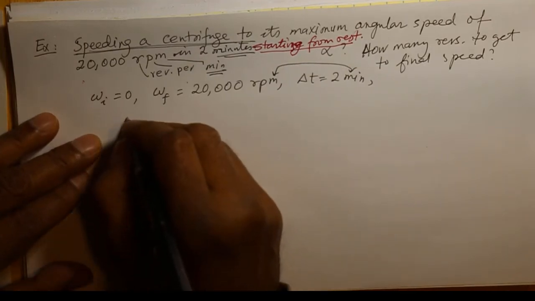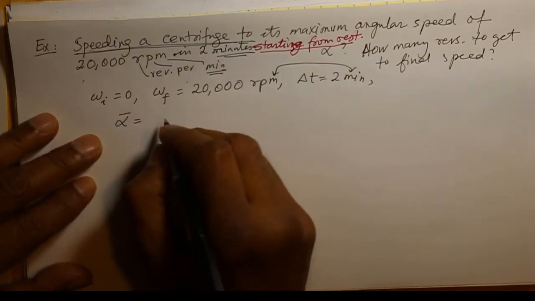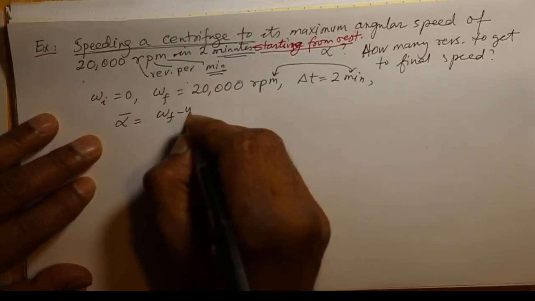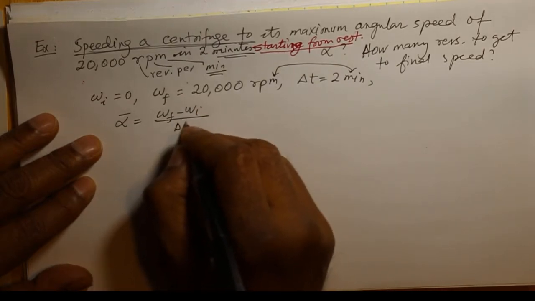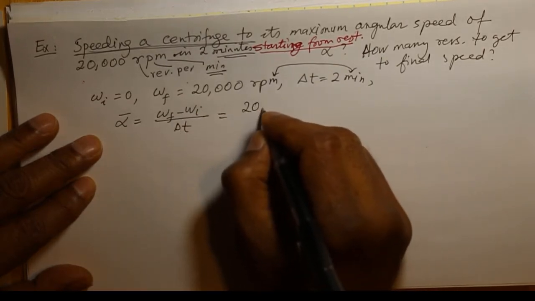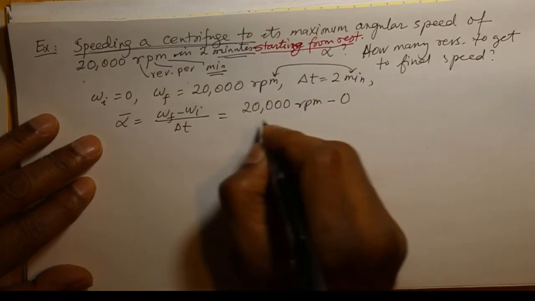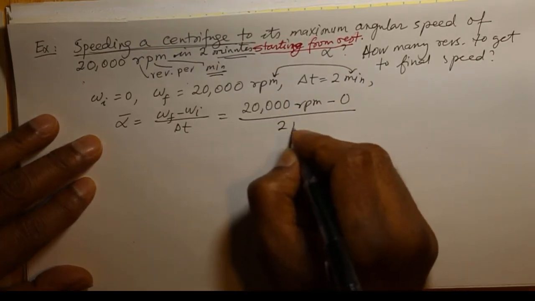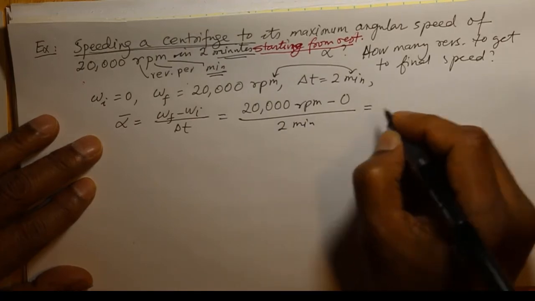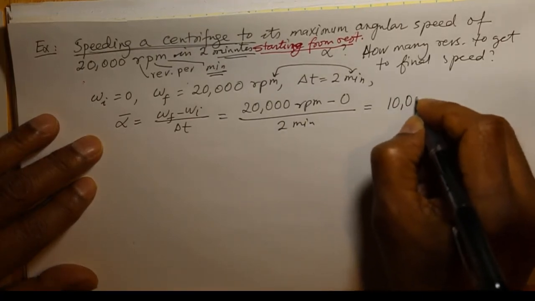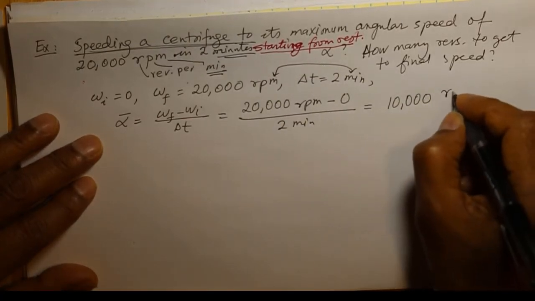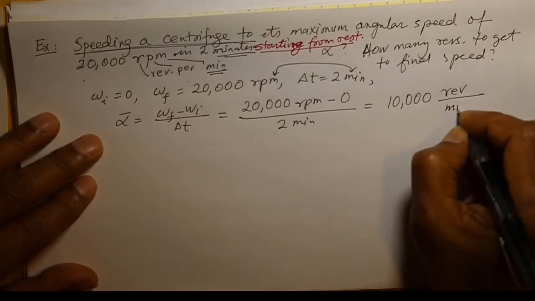So alpha bar is going to be omega F minus omega I over delta T, so it's going to be 20,000 RPM minus 0 over 2 minutes. So I'm going to get 10,000 revolutions divided by minute squared.